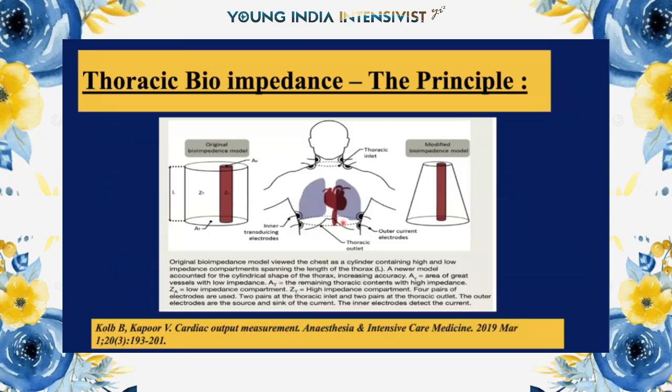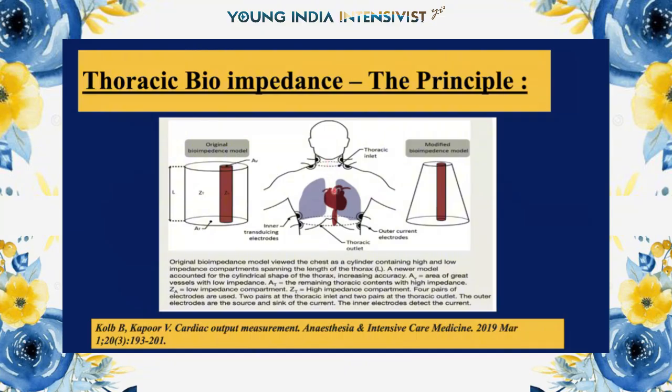Initially, the current is passed between the outer electrodes. It finds a pathway of least resistance through the low resistance compartment. It chooses the pathway of least resistance.